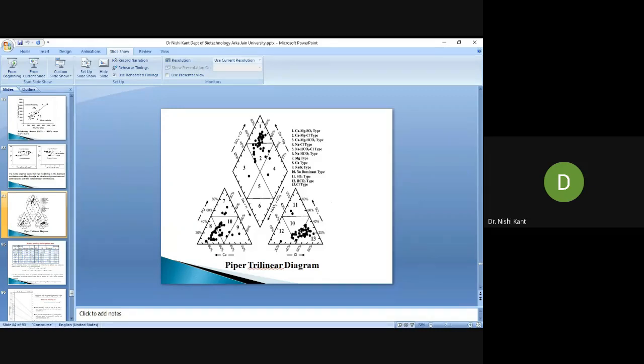This is the Piper trilinear diagram. It is very useful in determining the relationships of different dissolved constituents and classification of water on the basis of its chemical characterization. The triangular cationic field of the Piper diagram reveals 40% of the groundwater samples fall into no dominant class.